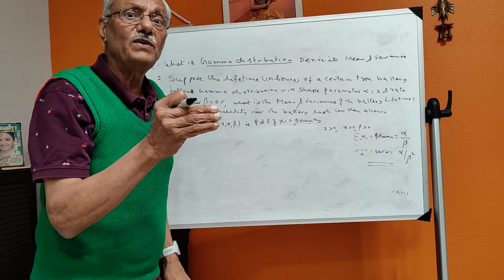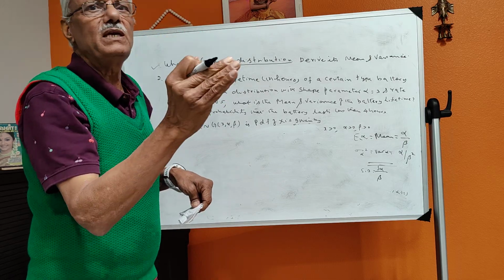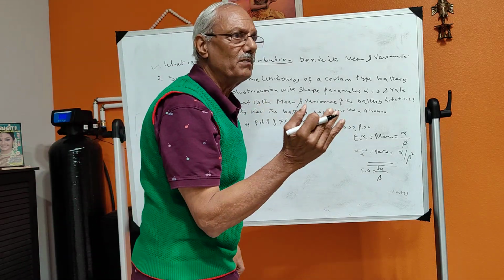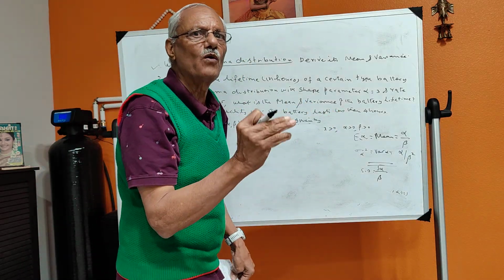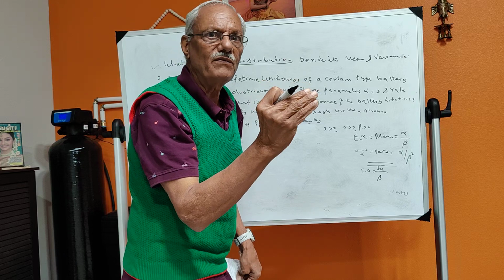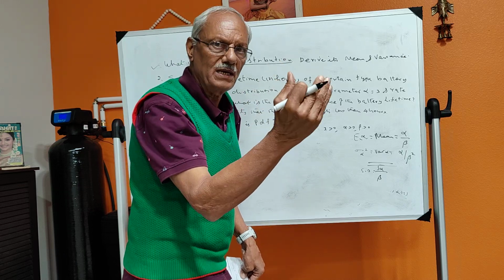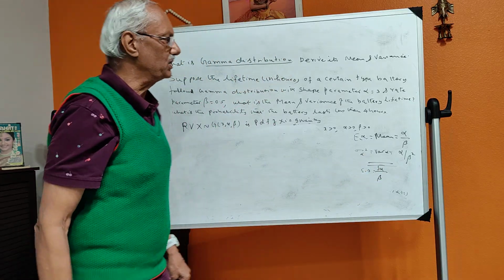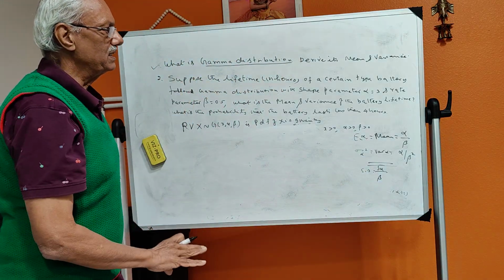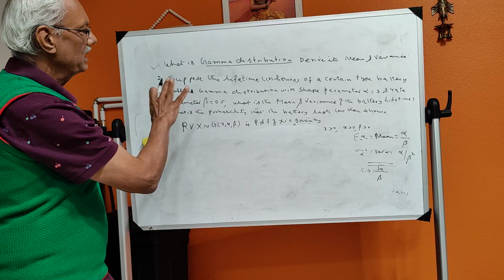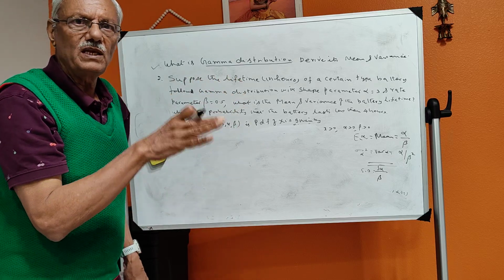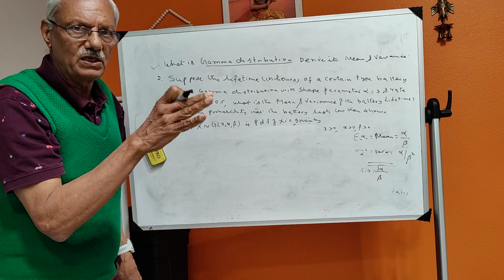And what is the variance? The deviation from the mean is called the standard deviation. So how far the life can change, that is more than the mean and less than the mean, that is nothing but our standard deviation. Now the question asked is, you are given that the life of the battery follows a gamma distribution.